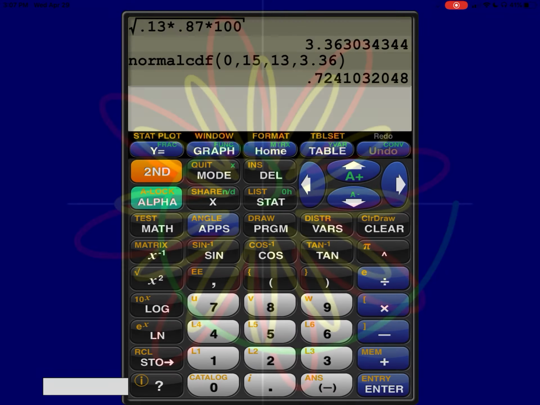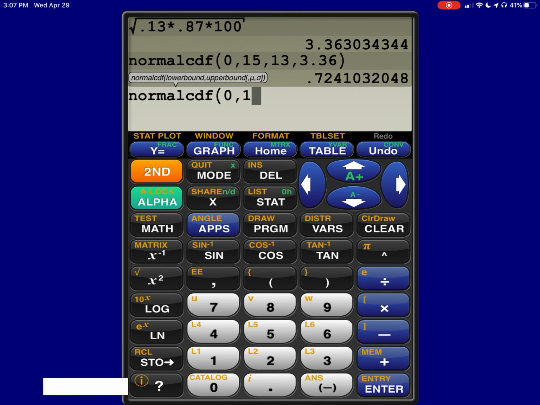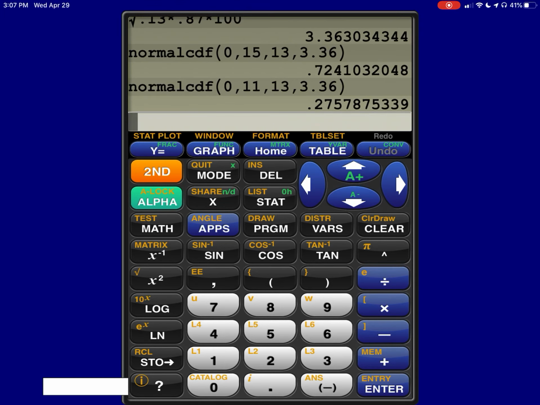So if we go to 11, and the mean is 13 and 3.36. So 0.2758.